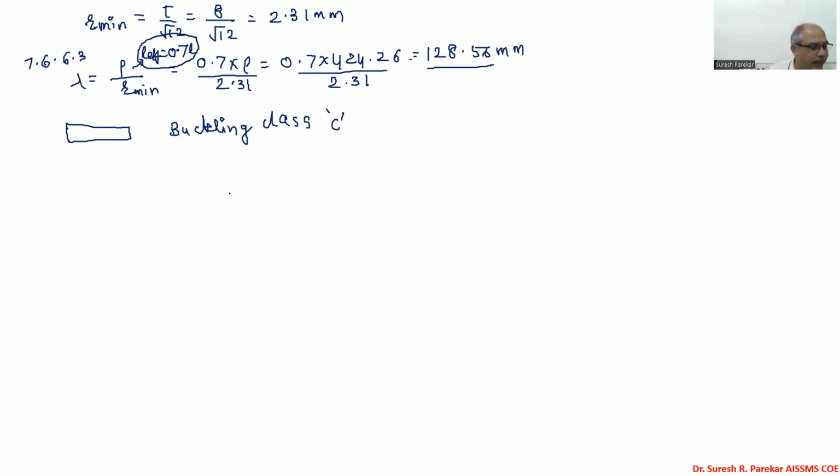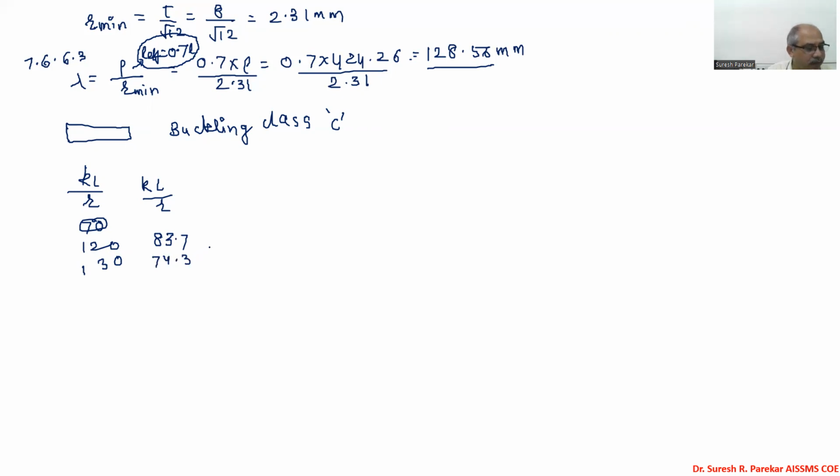Then we have KL upon r, which is for 120 and for 130. For 120, we have this value 83.7, and for 130, we have this value 74.3.